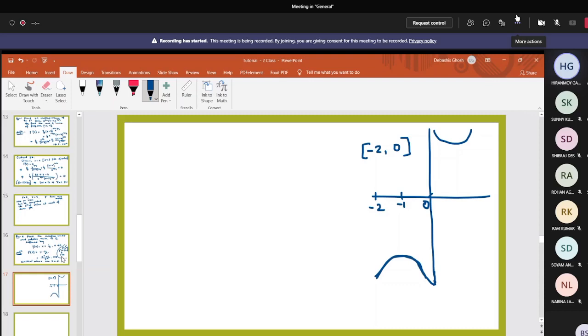On the other side, we could not consider x equals 0, so we have to exclude that point, of course.